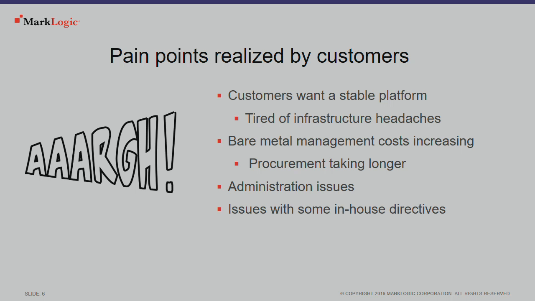You need bigger teams and a lot more infrastructure to manage that complex environment. And sometimes what they're feeling is maybe they can't build what they need in-house for their infrastructure because it doesn't meet policies. Something internally is driving the fact that they can't utilize those resources.